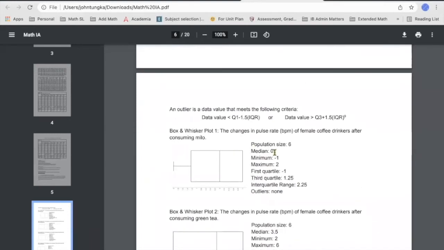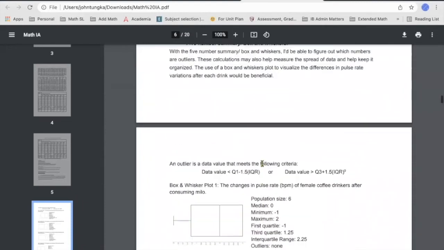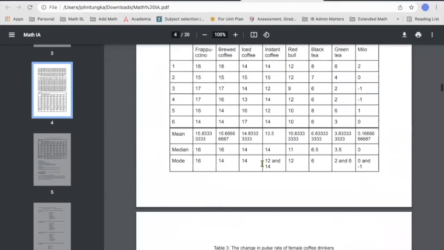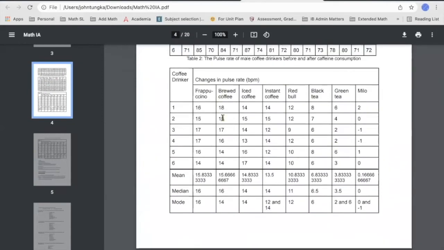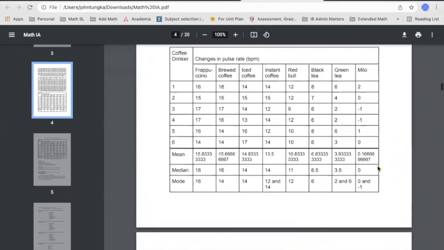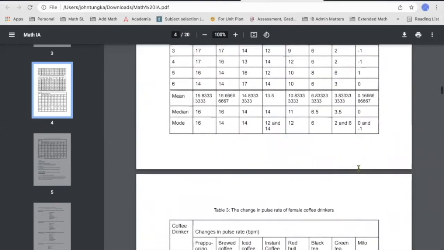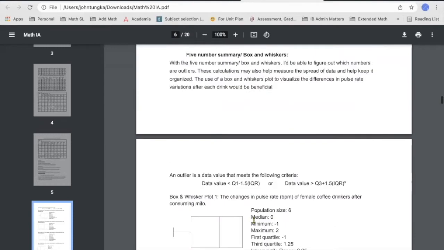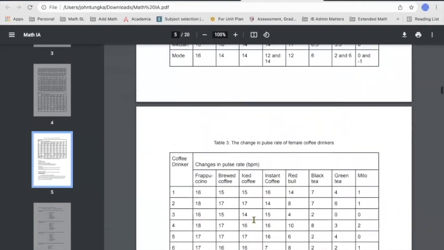Again, if you look at the data, let's take the example of the median. We need to refer to this table, because this is the difference for female coffee drinkers. This is actually the same value. Median is 0 for Milo, and that's just the same as this value. Is that correct? Yes. Now let's double check, I might be wrong, because you know this better than I do. Let's take a look at the green tea in table 3.